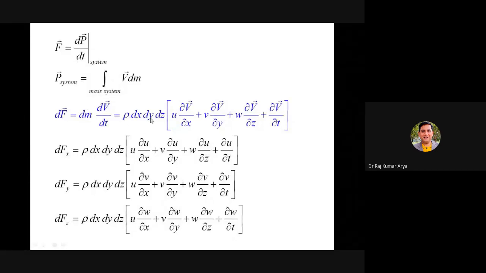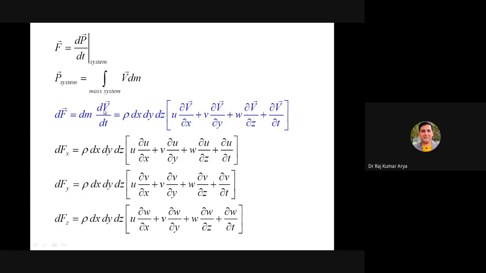And this velocity vector you already know, and how to calculate acceleration from that. This is the expression to calculate the acceleration of the particle: u del v upon del x, v del v upon del y, w del v upon del z, and here del v upon del t is the local acceleration part. So that is your acceleration part here. Okay, so you got the force from here.